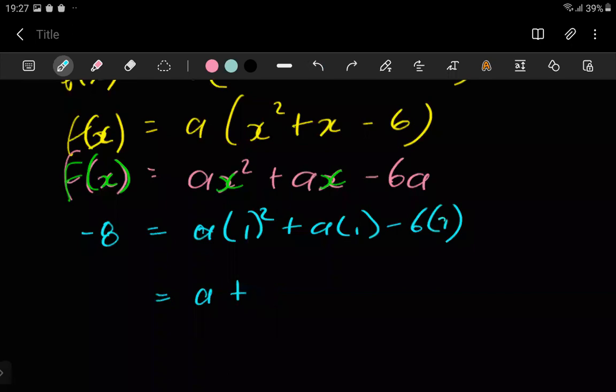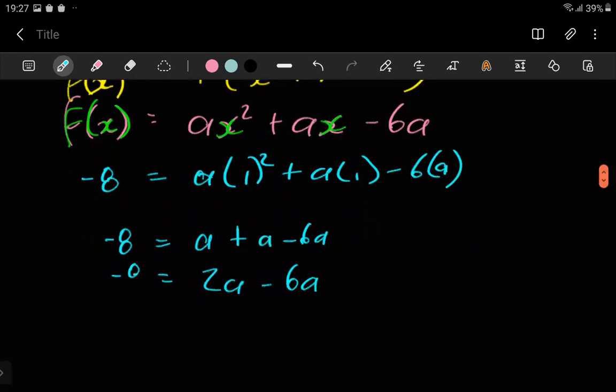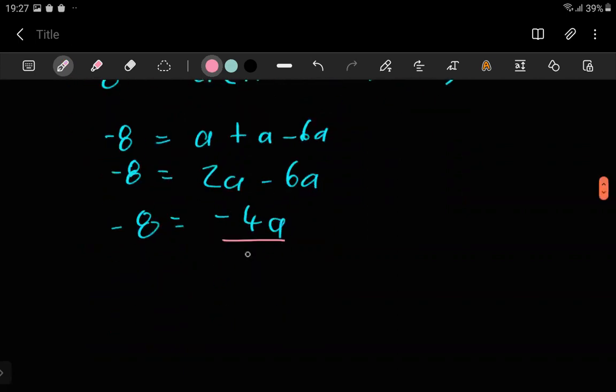Oopsie, I was going to make a very nice mistake. So this is a plus a, and then minus 6a. Here you're going to have 2a minus 6a, so it's -4a, -8. And then you're going to have -4, -4. This is 2, and this is a.